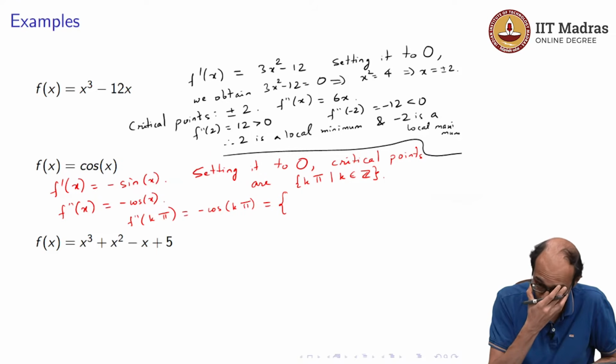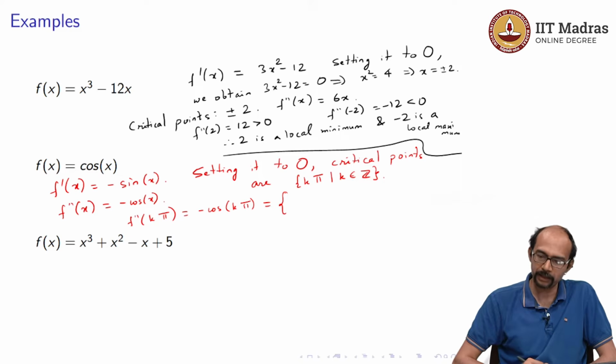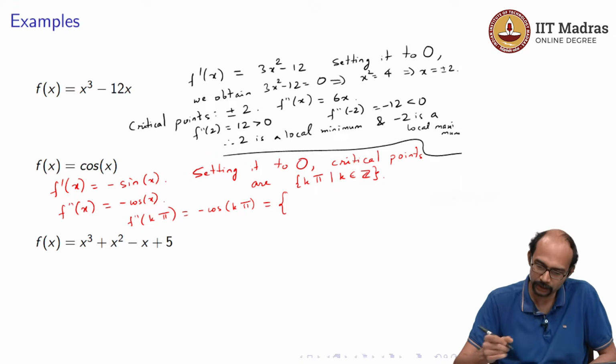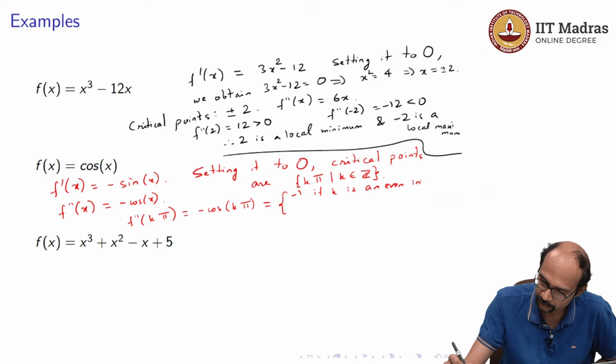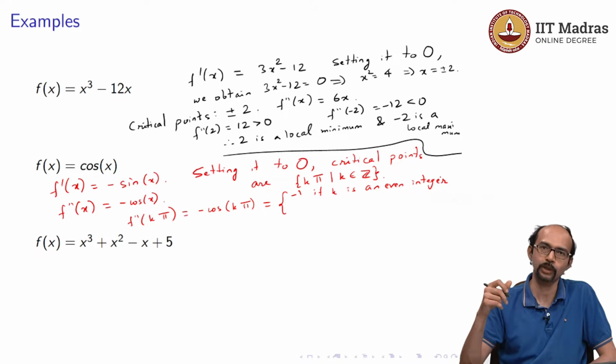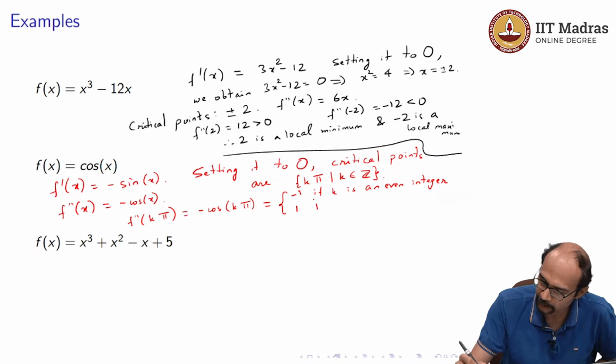Cosine of 0, cosine of 2 pi, these are all 1, so minus of that is minus 1 if k is an even integer, or the other way of saying this is if k is congruent to 0 mod 2, and it is 1 if k is an odd integer.